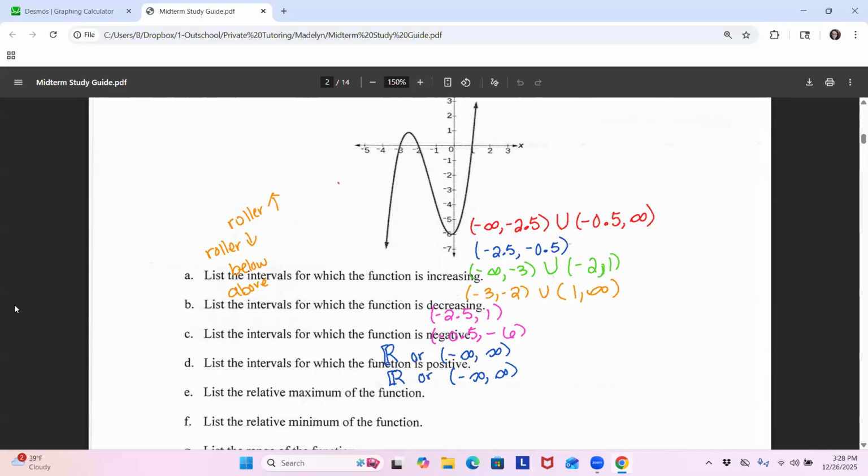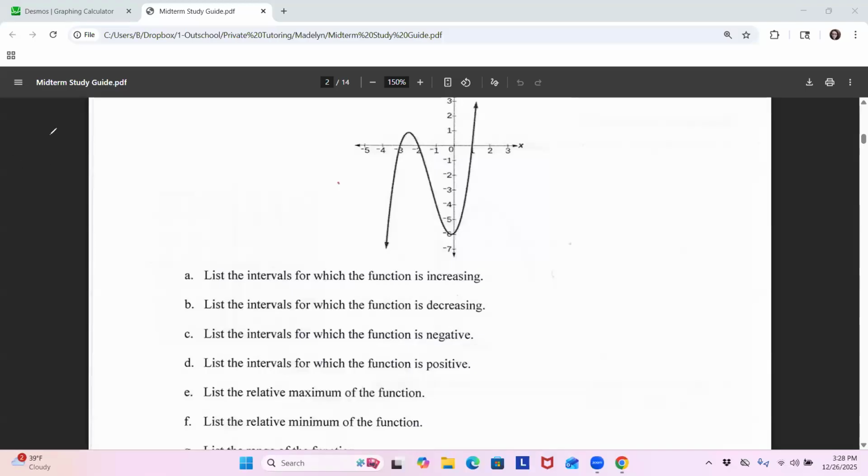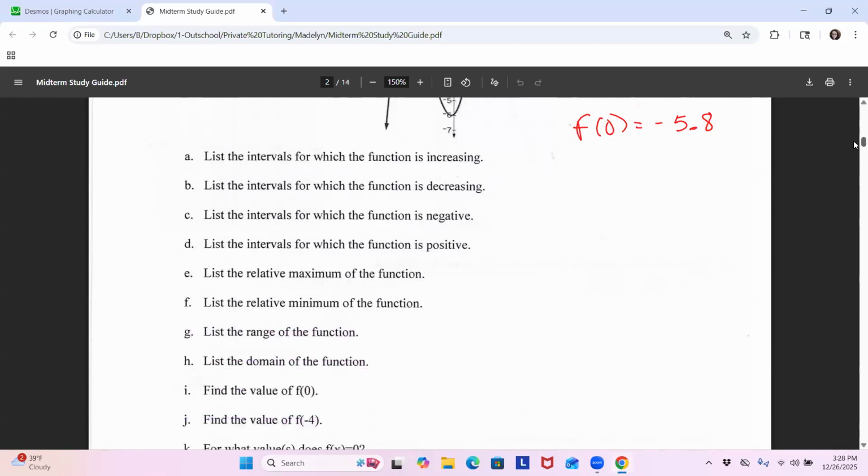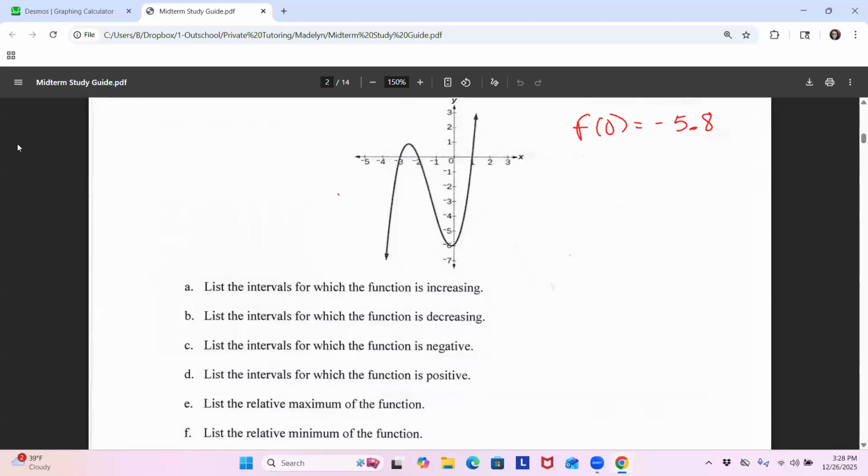I'm going to clear this off, so pause me if you need that stuff. It's just a smidge above -6. I'd say like -5.8. So f of 0 is like -5.8-ish. Like that's my ish. It's super close. Probably if you put -6, they count it, but it's a smidge above that, but not by much.